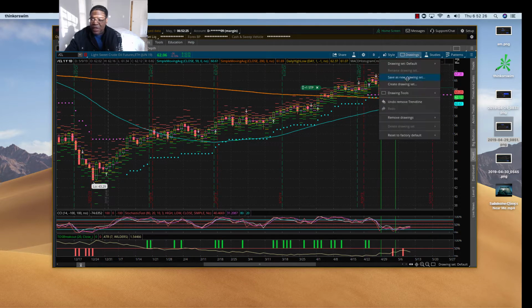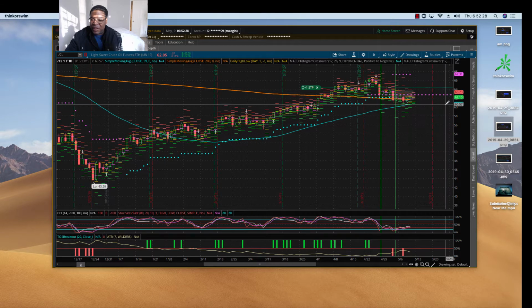Are we making new highs? Are we making new lows? So you can see ever since January, we've been making new highs. This is the new high indicator. Every time it closes a green bar, it prints a new high.